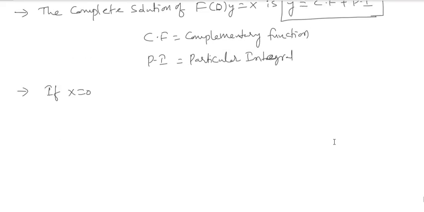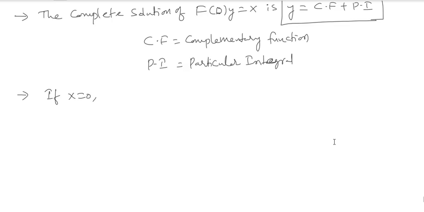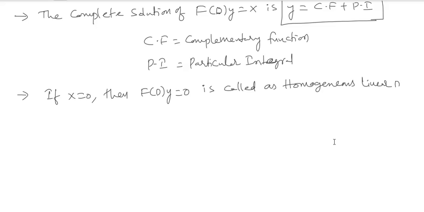So if X is equal to 0, then f of D into y equal to 0 is called homogeneous, similar to your system of linear equations in matrices, Ax equals b and Ax equals 0, right? So likewise, homogeneous linear differential equation. Clear na? Am I right or not?